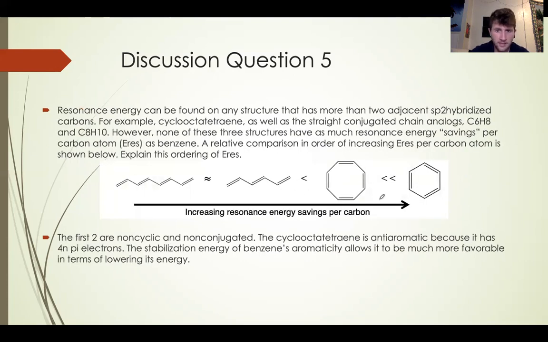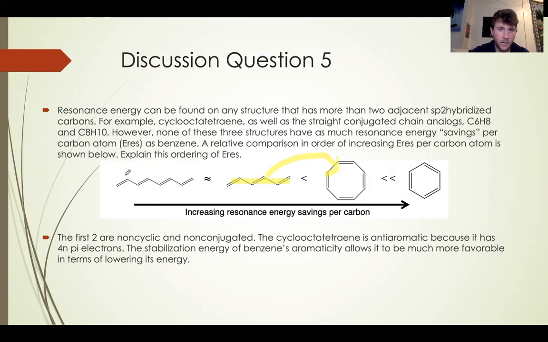Now, when we're comparing these molecules here, like I mentioned, you can compare situations like this, which is just a linear carbene, and you can compare it to something like this, which is cyclic and conjugated.